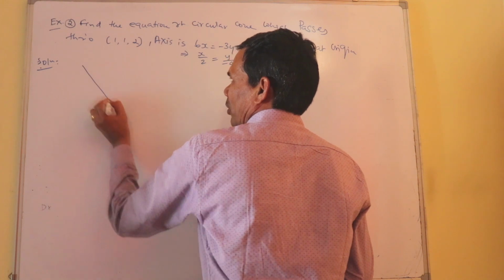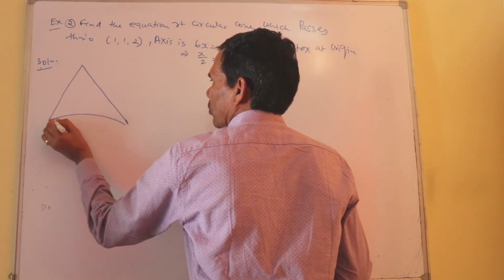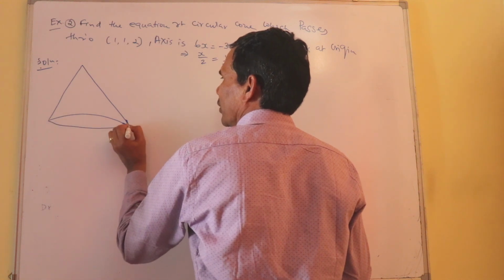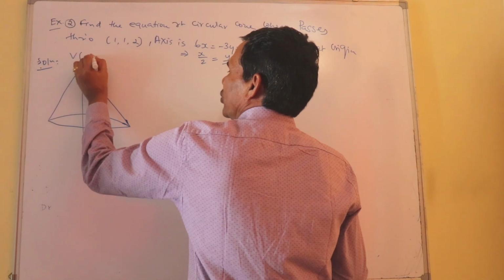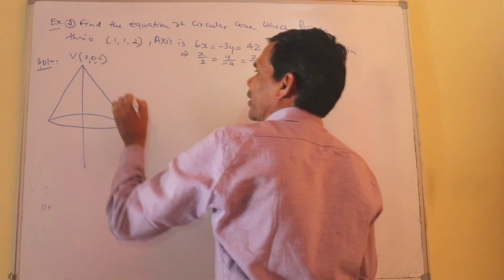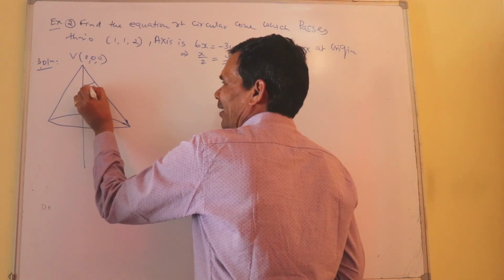We draw the figure to find the equation of the right circular cone here. So it would be something like this: vertex at origin, the semi-vertical angle is theta, which is not known.